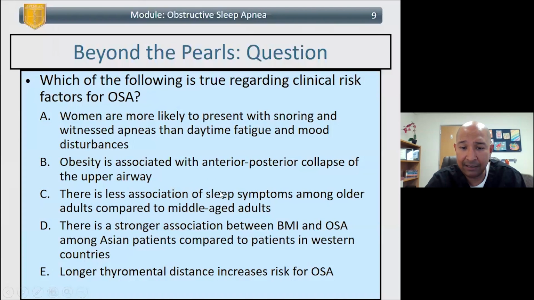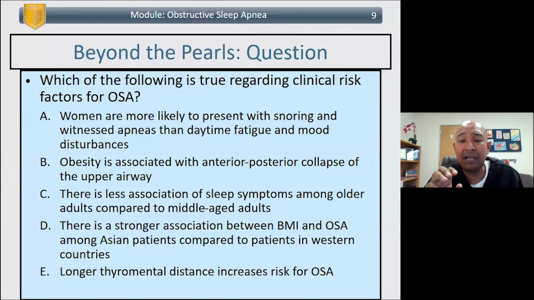C: There is less association with sleep symptoms among older adults compared to middle-aged adults. Once again, age plays a huge part. I do agree that when you get older, there's less association with sleep symptoms, because older people might be more concerned about nocturia and what's going on over there.